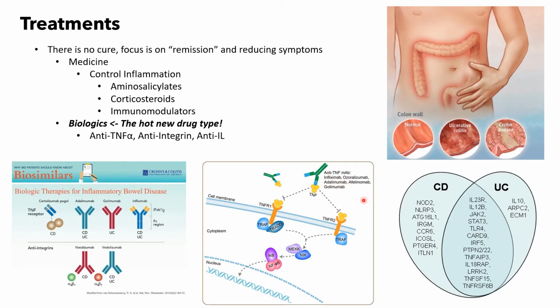Maybe you've heard of that or seen a commercial on TV. It's for rheumatoid arthritis, but essentially it's going to cut down inflammation, and so it's going to bind TNF alpha so that it can't interact with this receptor and lead to genetic transcription, which will turn on inflammatory pathways. And we can see here that there's a whole slew of different types of proteins that we could be targeting that are either distinct to Crohn's disease or distinct to ulcerative colitis or overlap and are found in both.